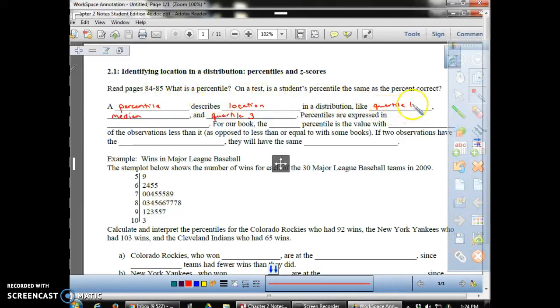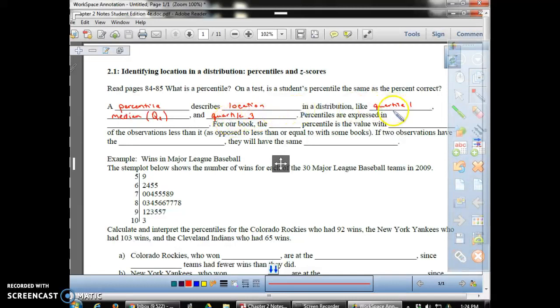Sometimes we call this the first quartile. Sometimes the median we also refer to as Q2 because it's like the second set of 25% of your data, and then quartile 3 is the third set of 25%.